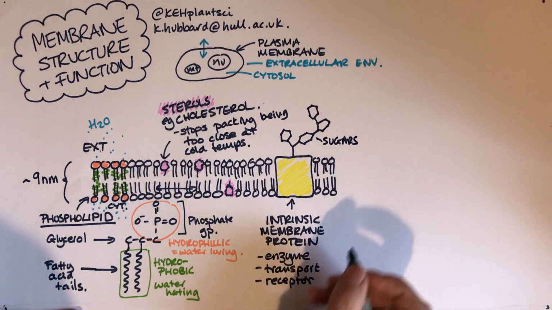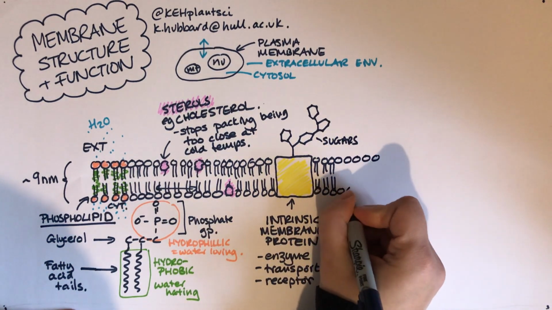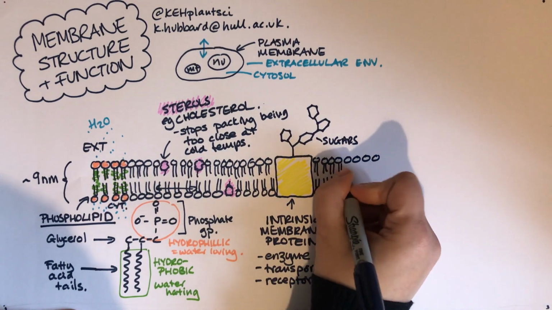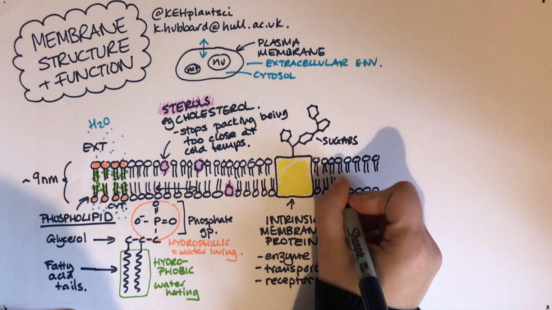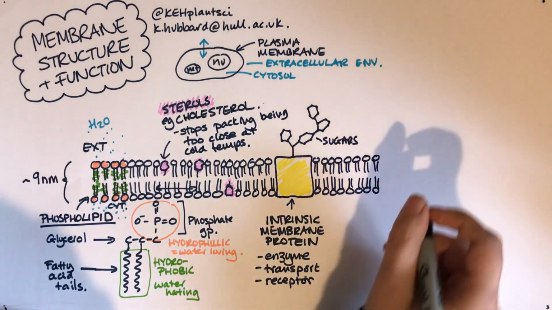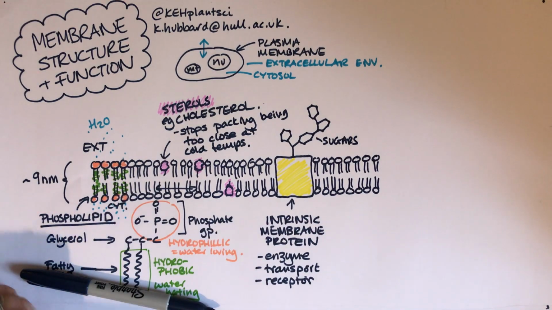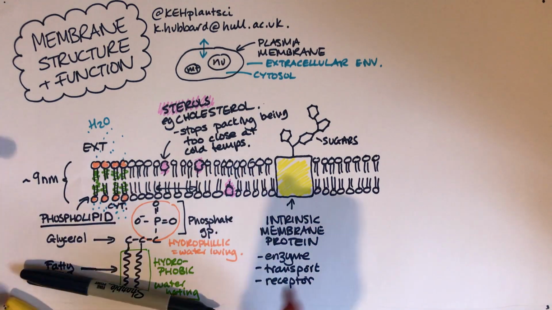What we can also have is another class of proteins which are called peripheral membrane proteins. So let's have a peripheral membrane protein in red.